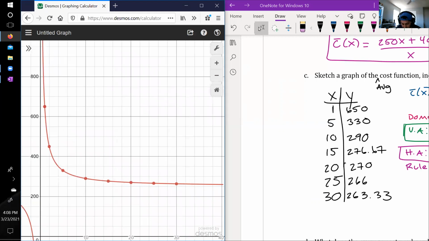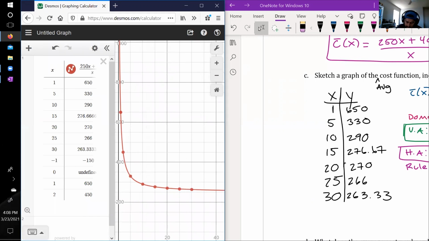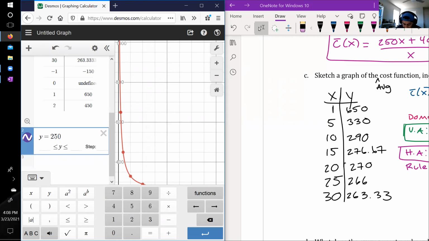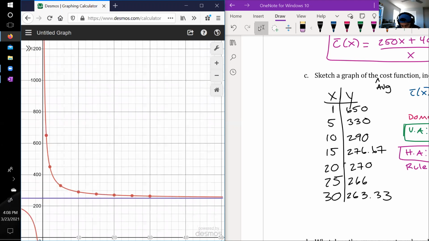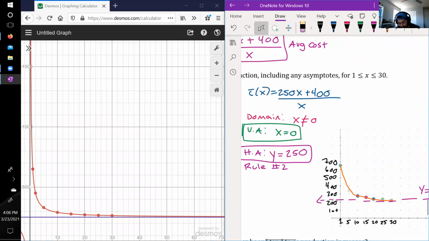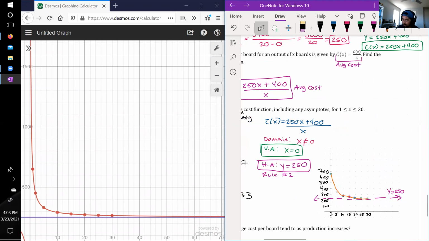All right, so we only look at this part, and then I have a horizontal asymptote at y equals 250. Now that one looks way better than my sketch, but I'm showing you this so we can answer the final question.